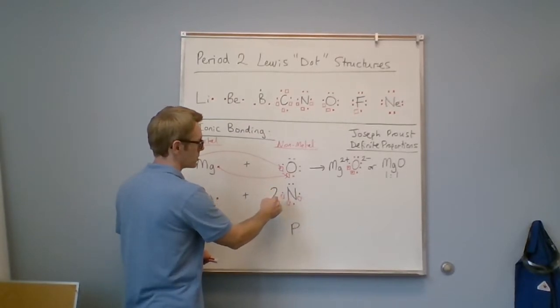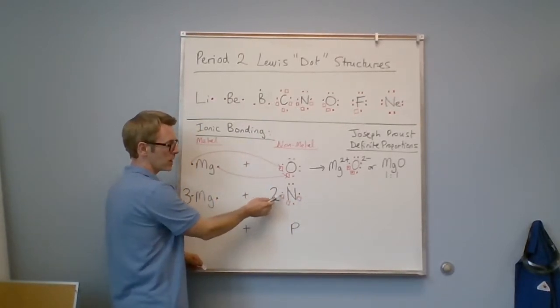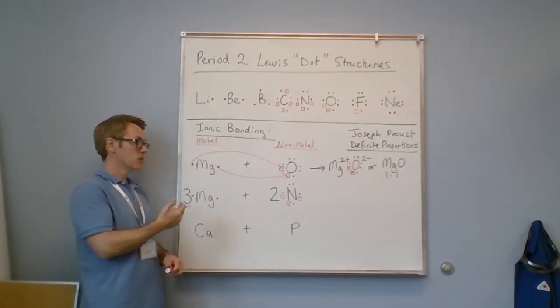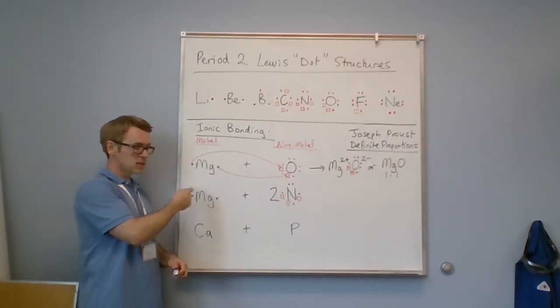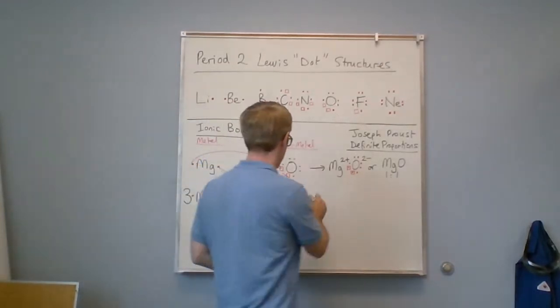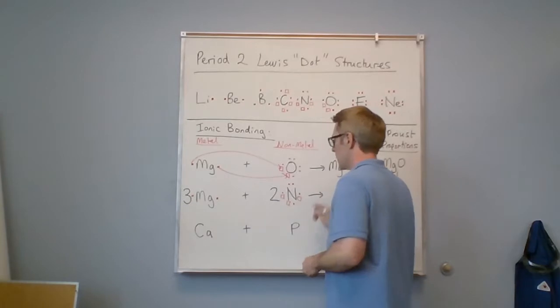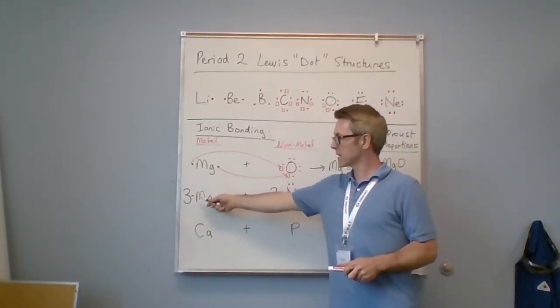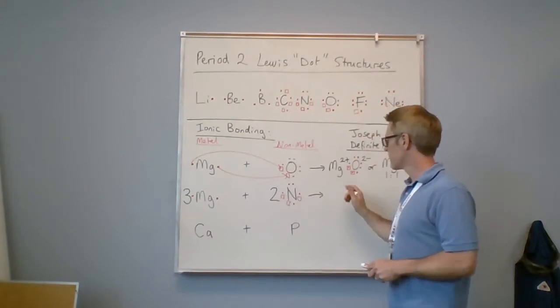I put a coefficient 2 here. The 2 is going to multiply the 3 boxes to give us 6 boxes total. So I'll have 6 dots and 6 boxes. I won't draw the arrows this time because it'll get messy, but we have 6 dots going into 6 boxes.